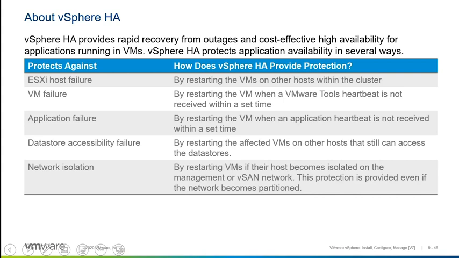We're also looking at network isolation, in that on our management networks, if ESXi loses access to management networks, and it's this management network that we're utilizing for a heartbeat mechanism so that each of our ESXi hosts can understand and knows that each other ESXi host is up and running. Well, what happens if we have a network failure, and how does HA respond to that? All of which we're going to be discussing in the next couple of lessons.